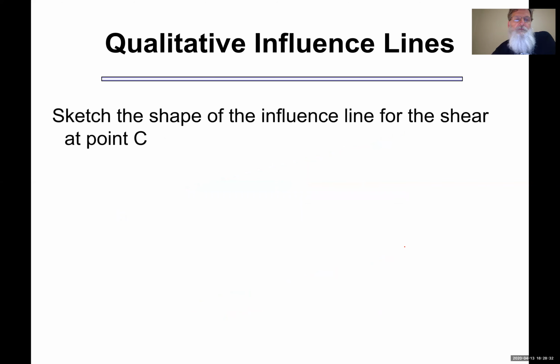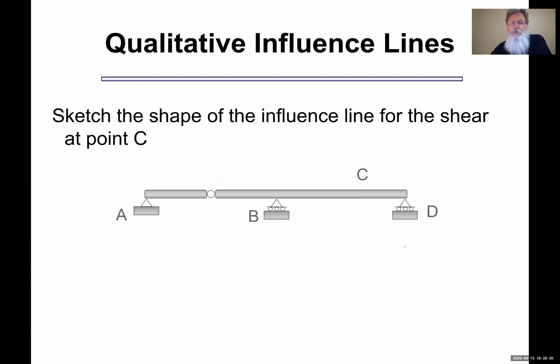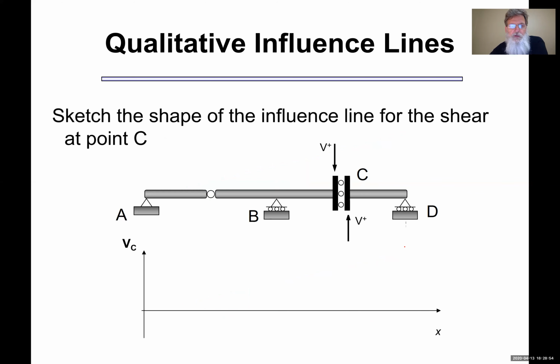Let's look at the influence line for the shear at C, where a beam looks like this. Okay, now they're getting a little more complicated, but surprisingly, you'll find that the process is much the same. So again, I'll go to C, and I'll put my shearless connector, apply positive shear on the left side, positive shear on the right side. Now, how's this going to move? Well, you can see I have a lot of different points that I need to denote, and I'll go ahead and do that.